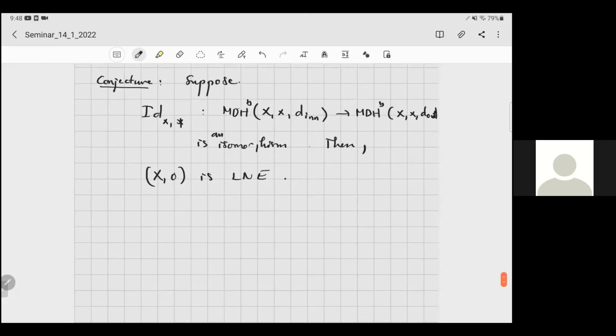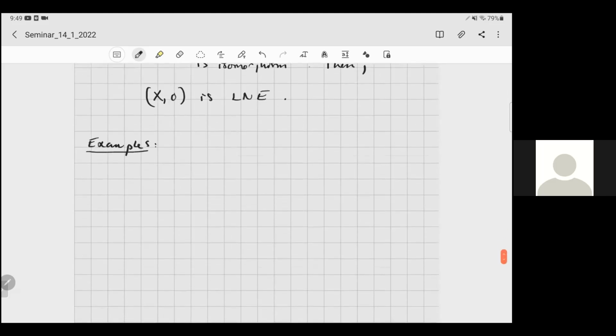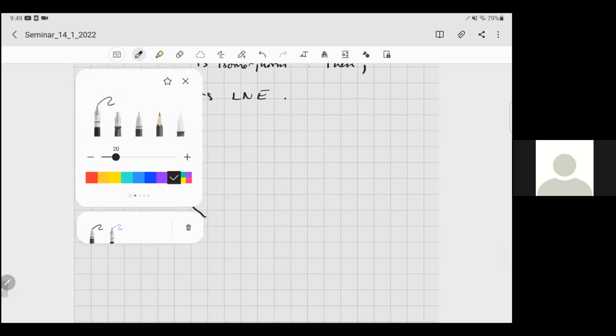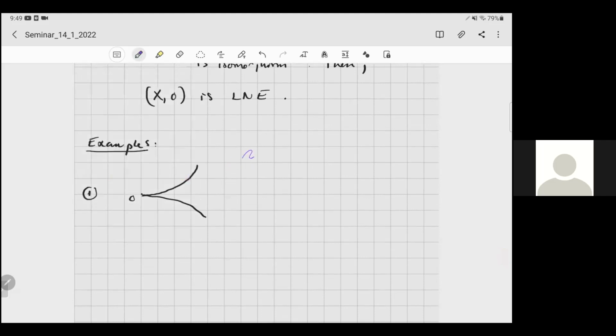Let me give some examples for you to have a feeling which terms are LNE and which are not. For example, take a curve at 0. This one is not LNE.